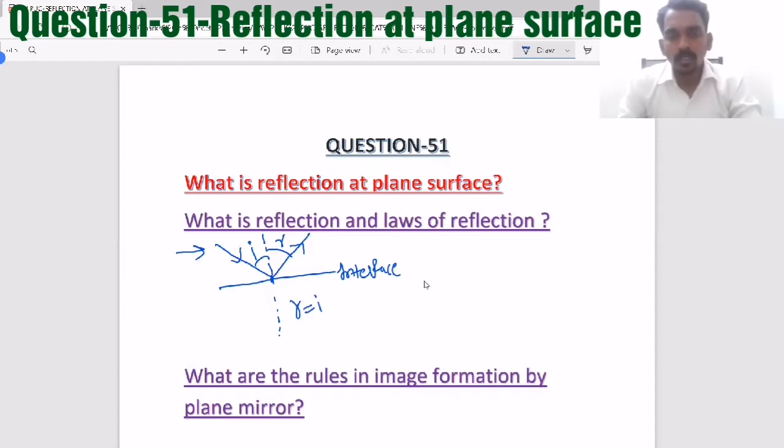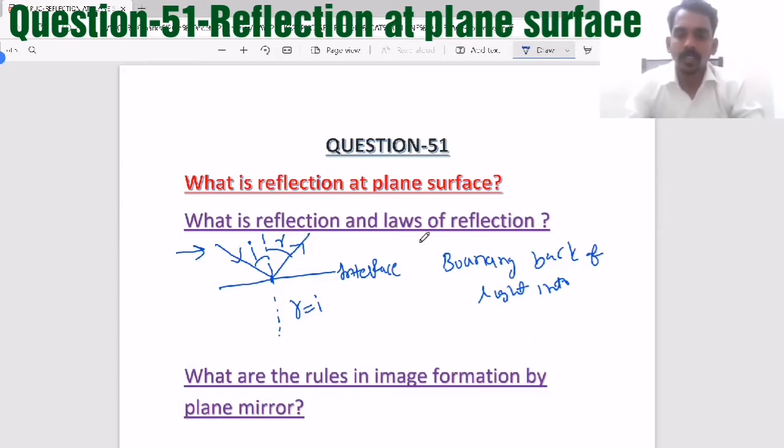So the simple way to say it is bouncing back of light into the same medium, we call it reflection.